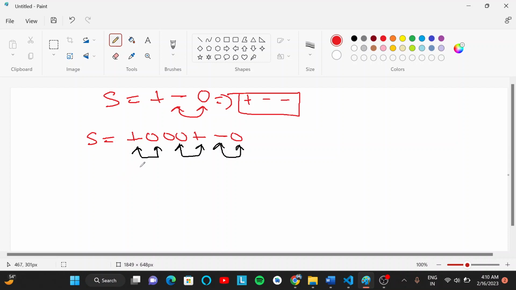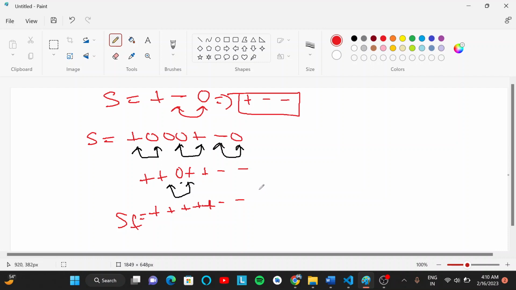So after a few alterations and 1 second, this string will look like plus plus 0 plus plus minus and minus. And again, this neutral charge is present in between two positive charges, and after one more alteration, this string will look like 4 plus charges and 2 negative charges. So this will be our final string.